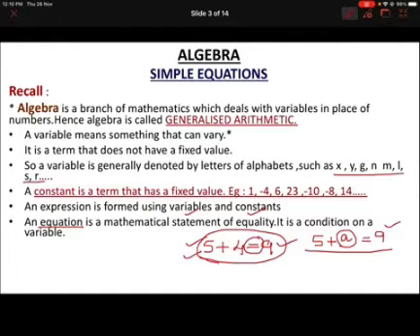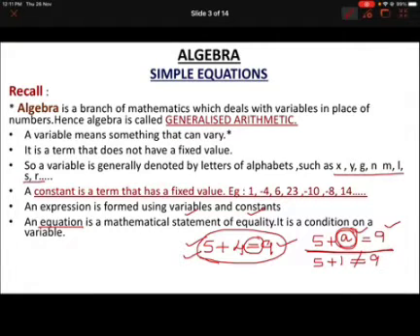Now this equation is true depending on the condition on this variable A. What we mean by that is, depending on the value of A, this statement becomes true. That means if A takes various values, let us say 5 plus 1, I am taking A as 1. Instead of A, I have written 1. But 5 plus 1 is not equal to 9.